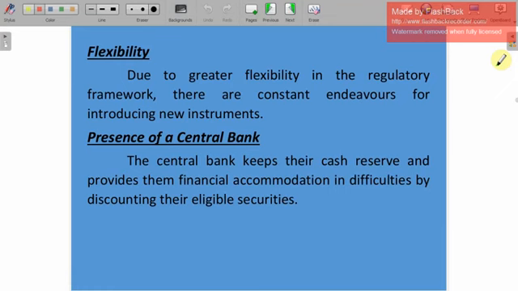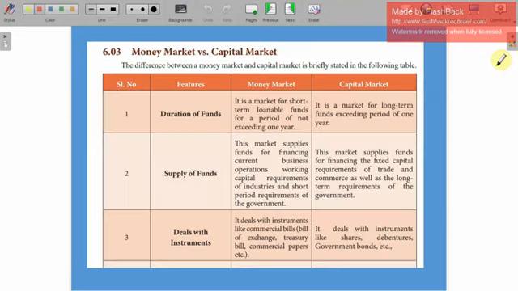And presence of a central bank. The central bank is the RBI. RBI is always present in the money market and provides financial accommodation in difficulty by discounting eligible securities. RBI also discounts bills and gives money to the business. That is the presence of a central bank.